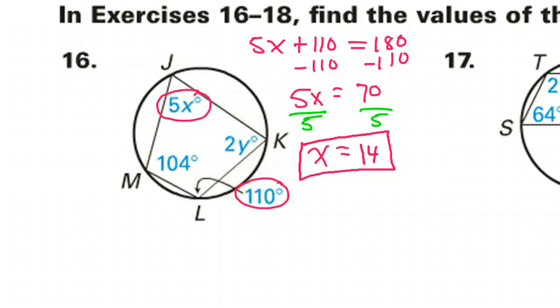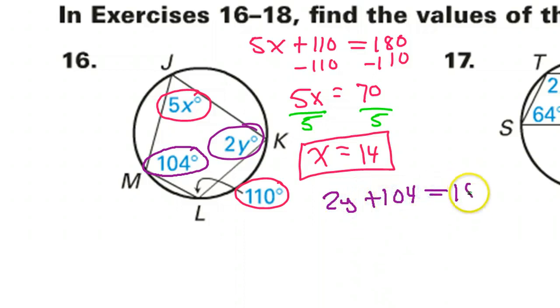Now let's do something similar with the y's. The 2y and the 104 degrees. This is inscribed in a circle, so these opposite angles should be supplementary. So that means 2y plus 104 should equal 180 degrees.